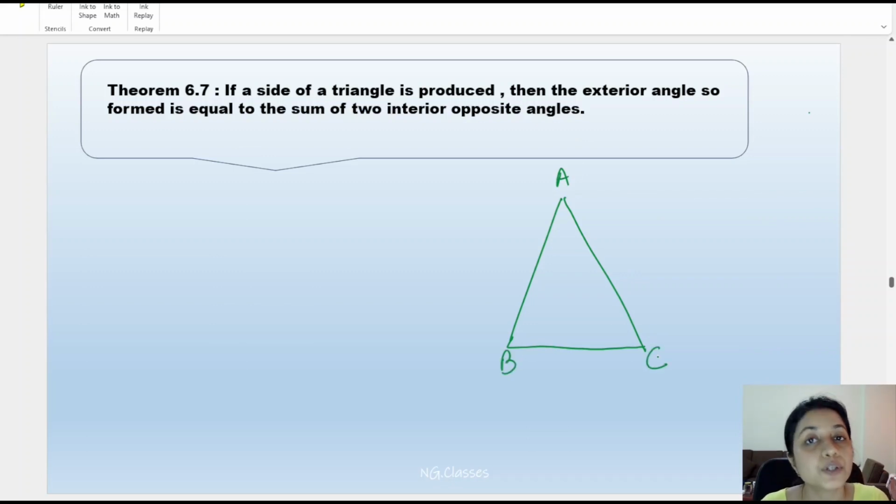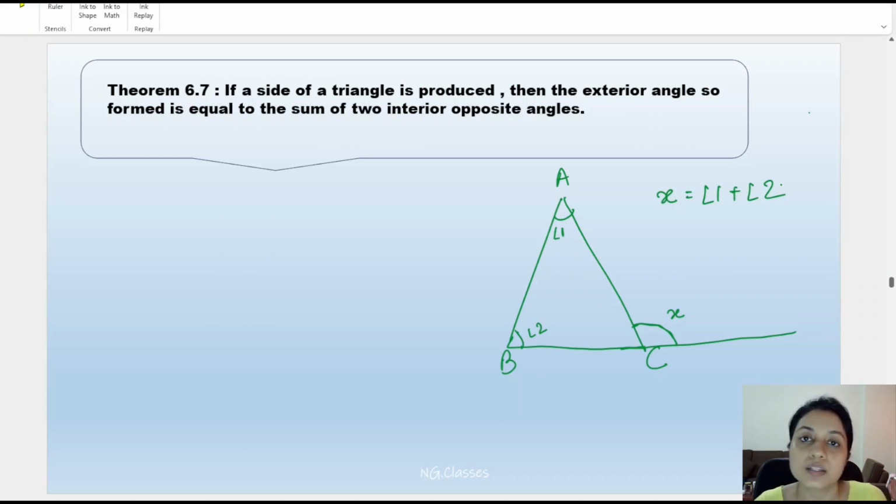So if we produce any of the sides, that means if we extend the side, then the exterior angle so formed will be equal to the sum of the opposite interior angles. That means here if we are talking about this angle x, then this x will be equal to the sum of angle 1 and angle 2. Here x is equal to angle 1 plus angle 2.